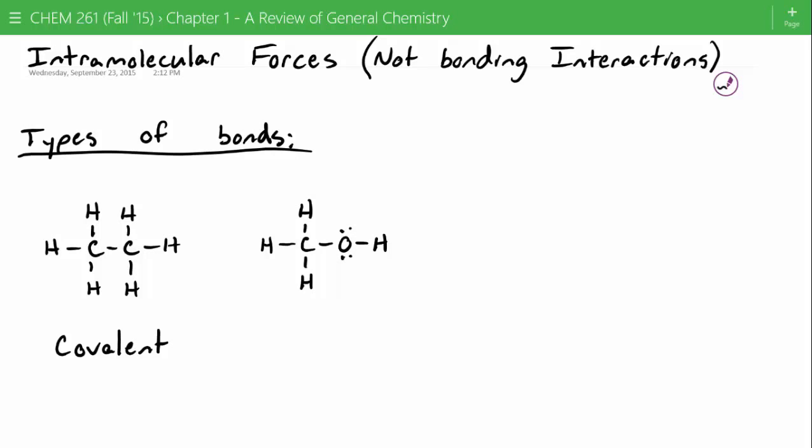What about this one? Ionic, right? So we've got covalent on one extreme. We've got ionic on the other, and then we've got something in the middle called polar covalent.